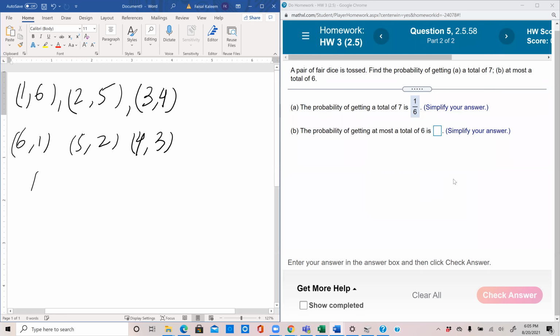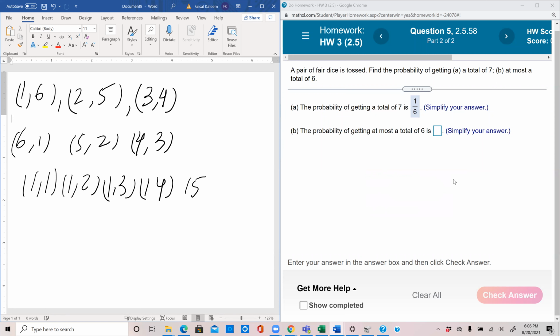So in the first row, you have 1,1, 1,2, 1,3, 1,4, 1,5. The 1,5 adds to 6, but 1,6 adds to 7, so that's not there. Then in the second row, you'll have 2,1, 2,2, 2,3, 2,4, and 2,4 adds to 6.